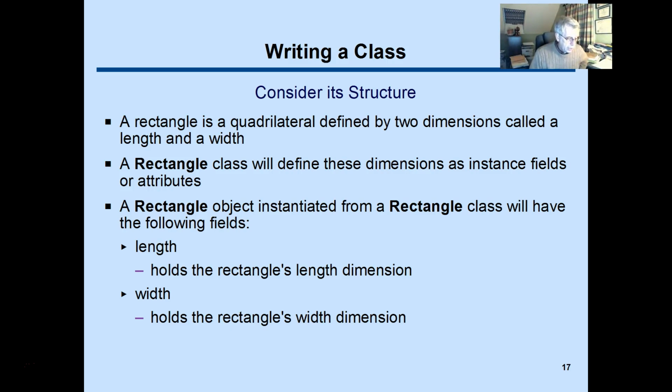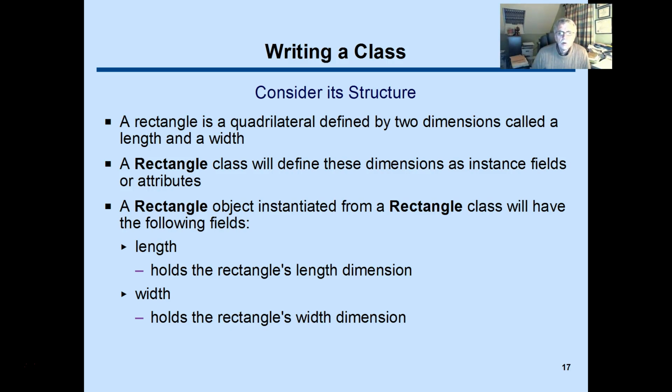We're going to take a look at rectangle and say, well, what kind of stuff would I want to store to describe a rectangle? If we think about a rectangle, it's defined as a quadrilateral, four sides, but it really has two dimensions.